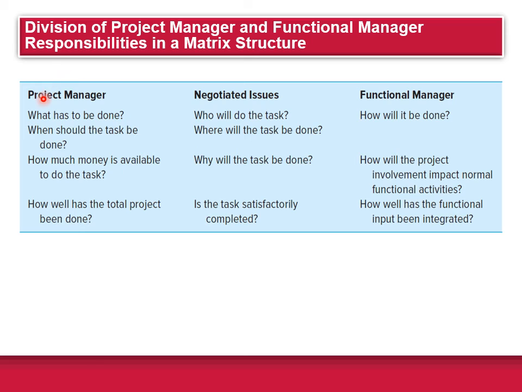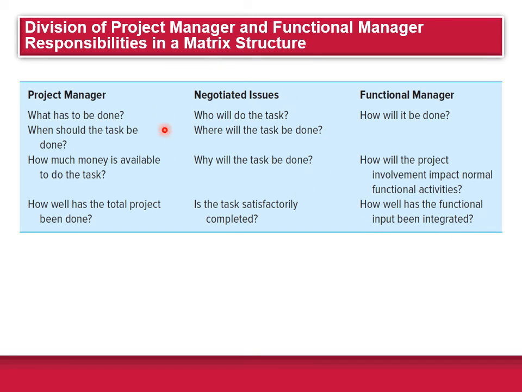Here, for example, these are the responsibilities in the matrix structure. So the project manager decides what has to be done, when it should be done, how much money is available to do the task, and how well the total project has been done. The functional manager decides how it will be done, how the project will impact normal functional activities, and how well the functional unit has been integrated.